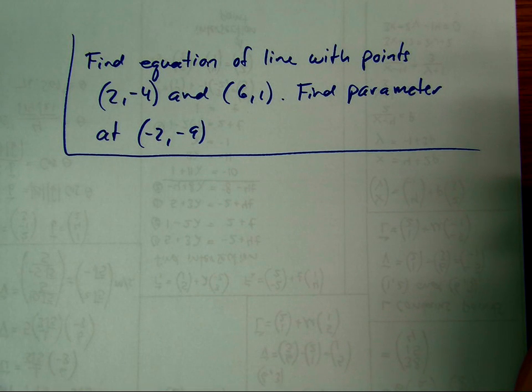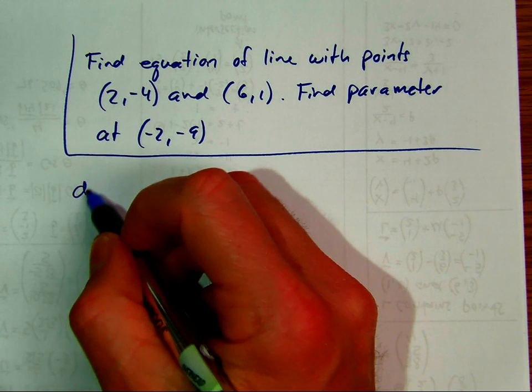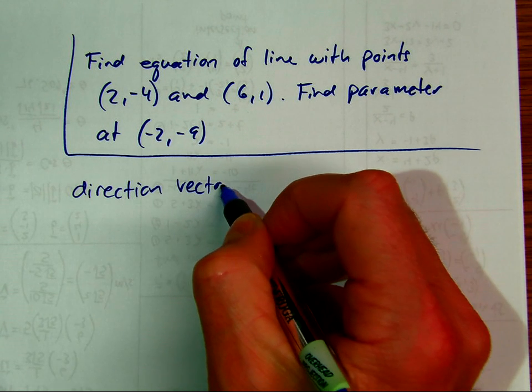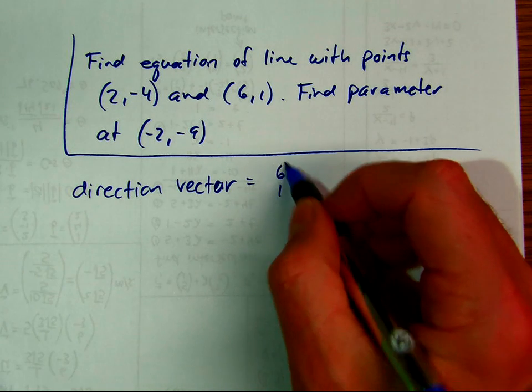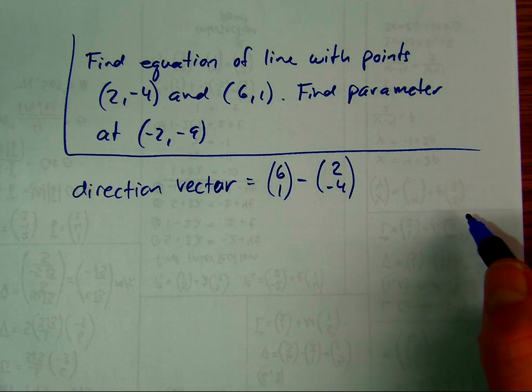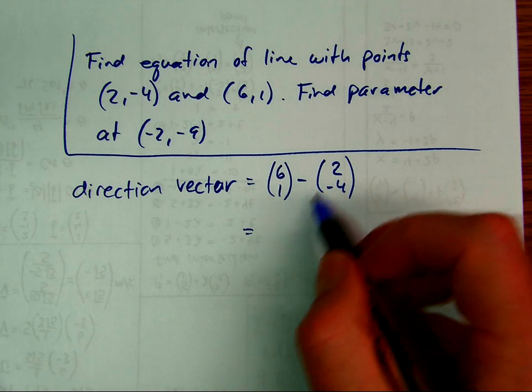Find the equation of the line and also find the parameter. The direction vector, let's do 6, 1 minus 2, negative 4. If you did the other opposite direction, you'll get all the same line. It'll just have a different sign. Okay, 6 minus 2, 1 plus 4.